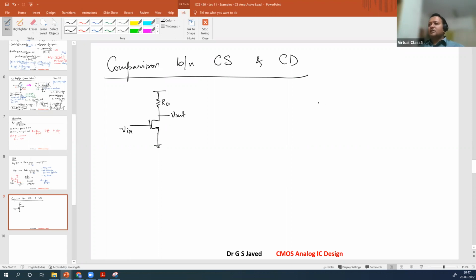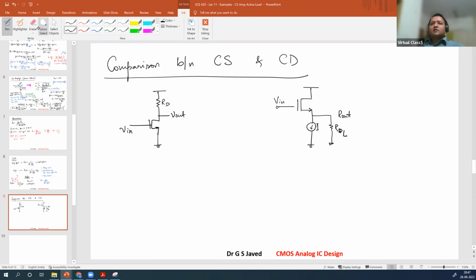V in at the gate, RD at the drain. Now what about your common drain amplifier? VDD. This will be the last topic for the day. I will let you go a little early so that you can have your dinner a little early. So this is your I. We will have a resistor here to tap the load. Sorry, this will be RL and you will get the R out value here.